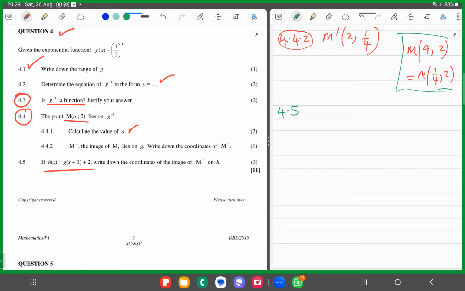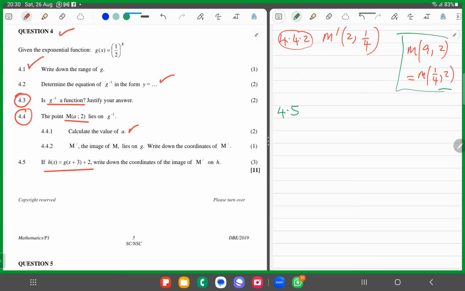We have that H of X is G of X plus 3, plus 2. Write down the coordinates of the image of M primed on H. On H. What are the coordinates of M primed?